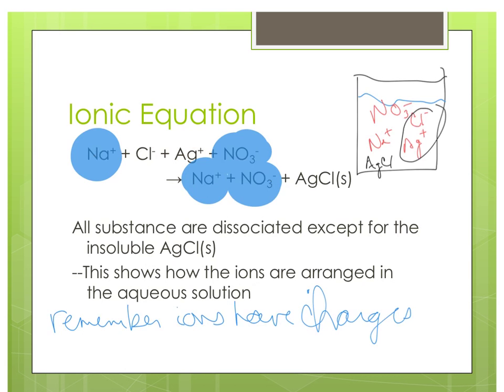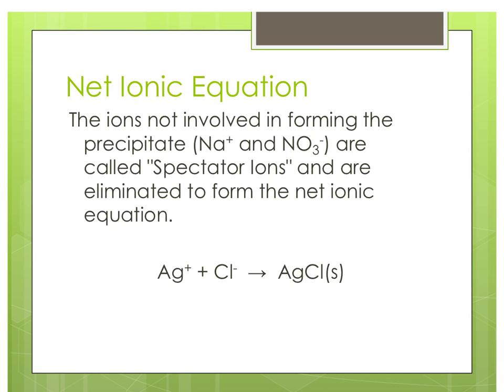So that brings us to the next type of equation, and that is what's called a net ionic equation. And a net equation is like a net profit or a net weight of a cereal.